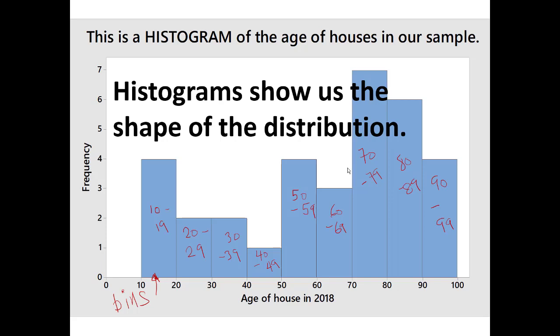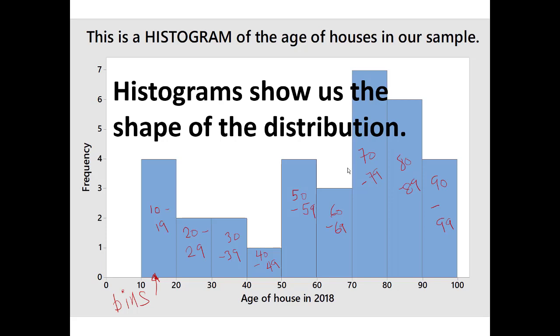So in those cases, there might be gaps, places where there were no houses built in a particular 5 or 1 year period. There is a fine art to making histograms in which you want to make your bins neither too large nor too small. And that's not really what we're going to talk about here today, but just bear that in mind.